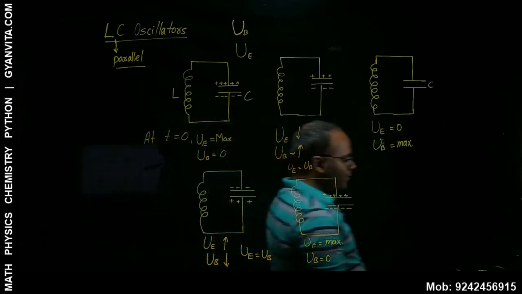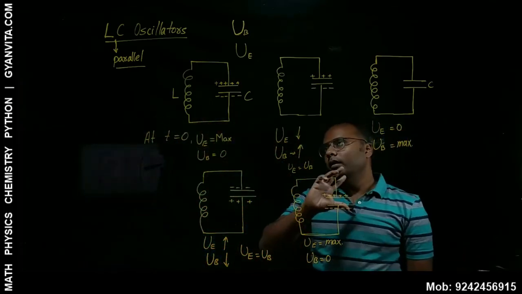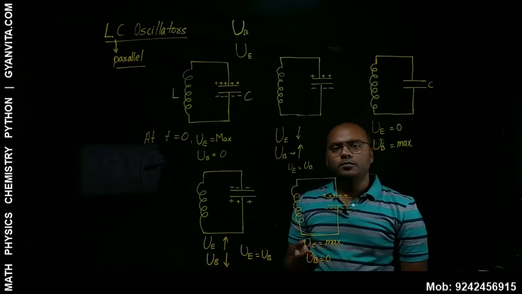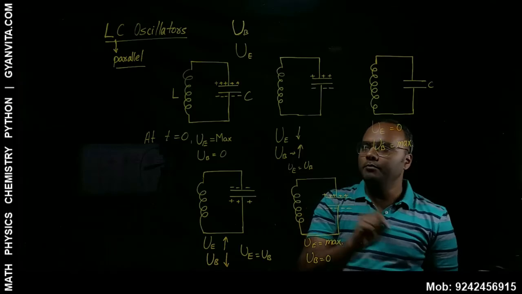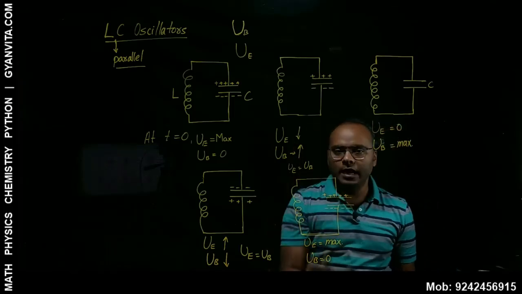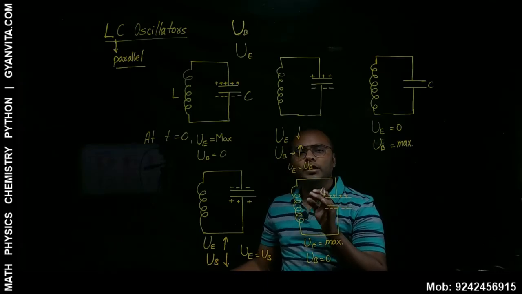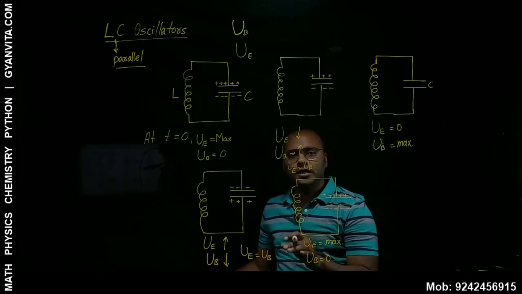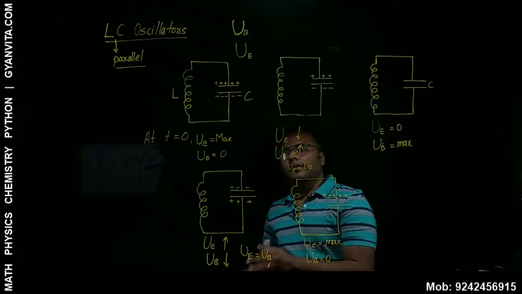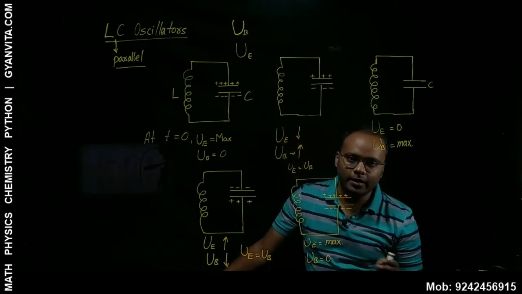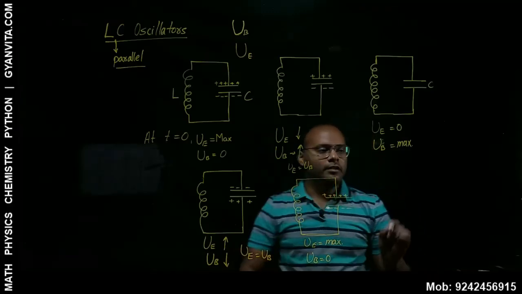And if we are able to make this happen periodically, that is in a fixed time period, then we finally come up with a system where the electrical energy and the magnetic energy, both of these, have a variation in them, right?